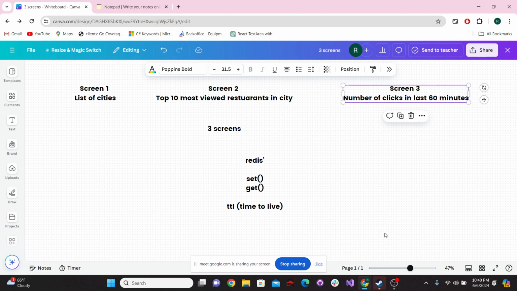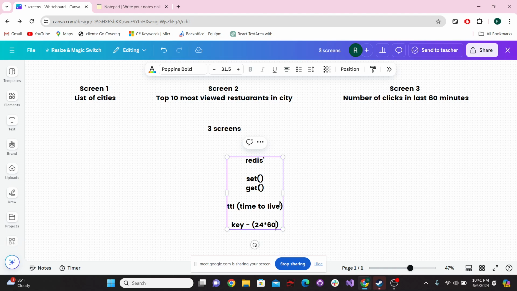So for each click, what if I do this? The key in Redis has a value of, and a day has 24 hours, an hour has 60 minutes, right?